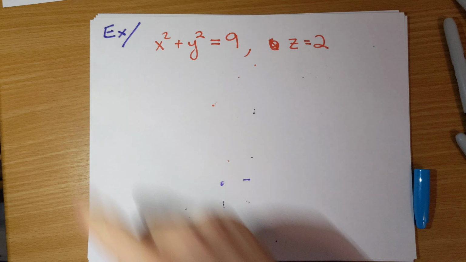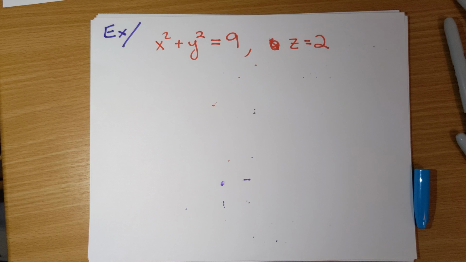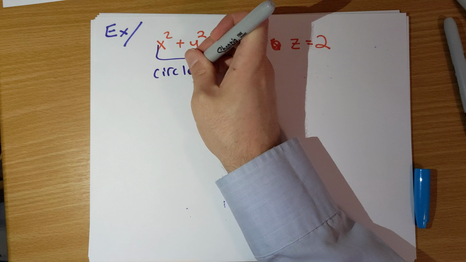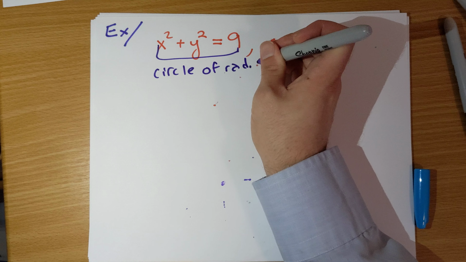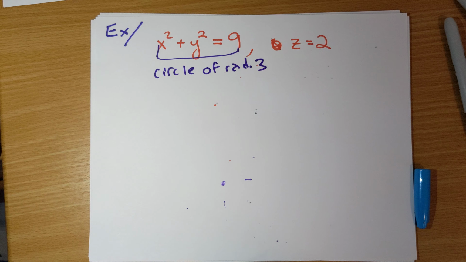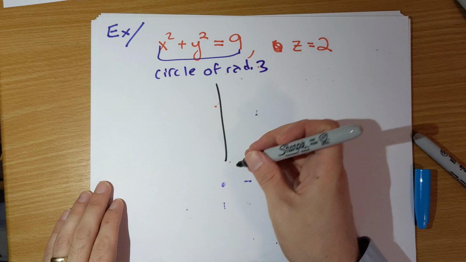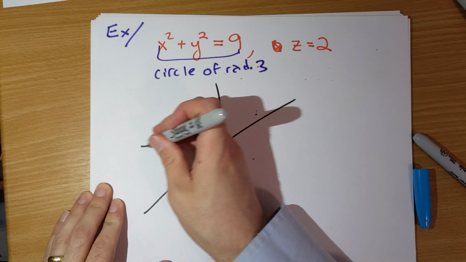And then one more example here. Suppose you have x squared plus y squared is equal to 9, z is equal to 2. So this is a circle of radius 3. We should know that. If this was just in the xy plane, this would be a circle of radius 3.